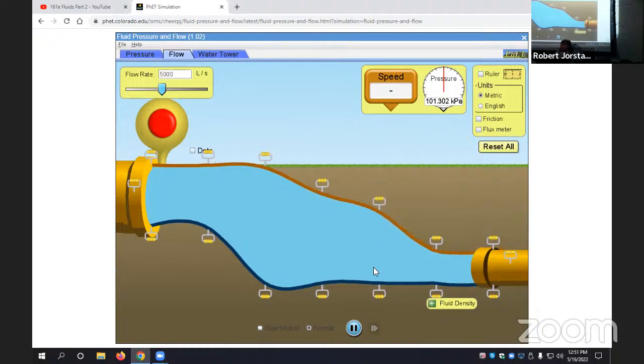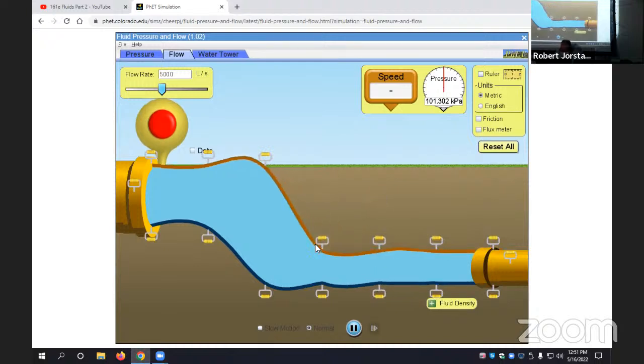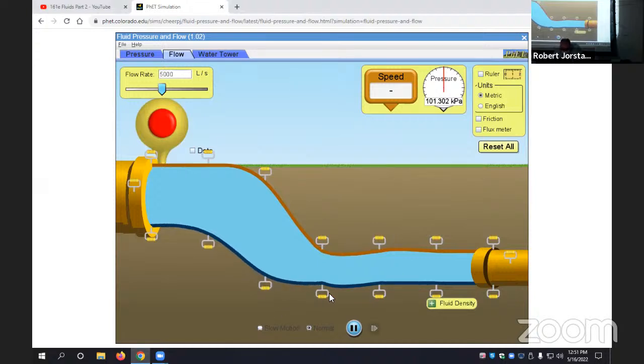So let's say this is supposed to be a model of a water main or something. All right, there we go. So in this case, now when we run this thing, I'm curious how the depth is going to affect things.